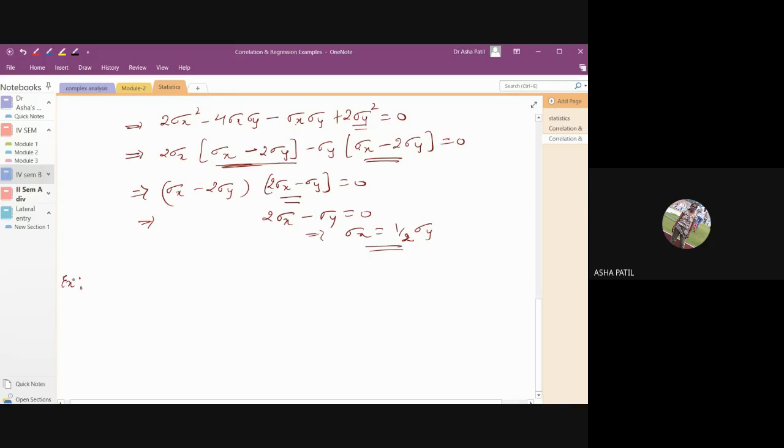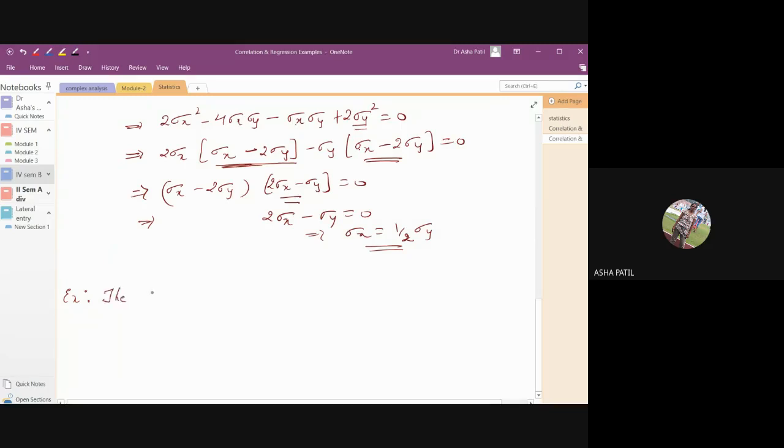So let us consider the next example. We've done one such example. Let me go for another example on regression lines.